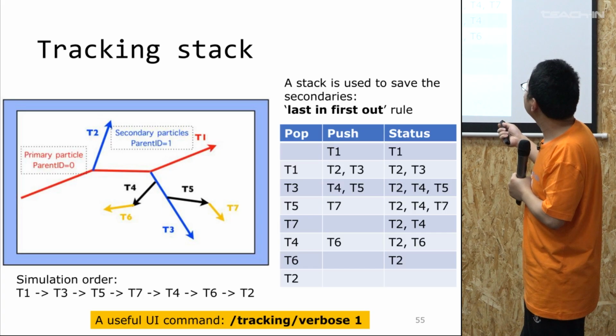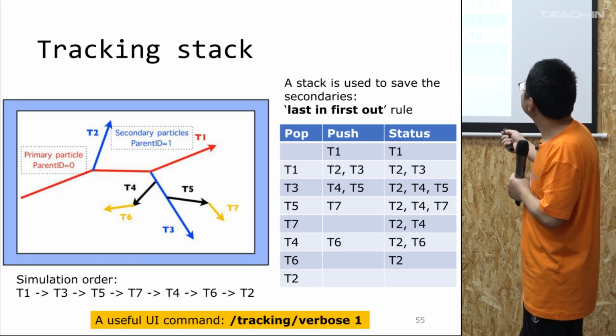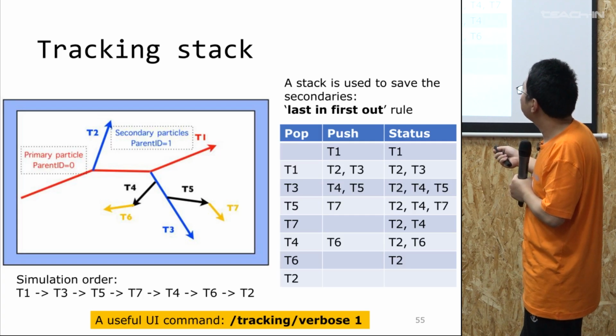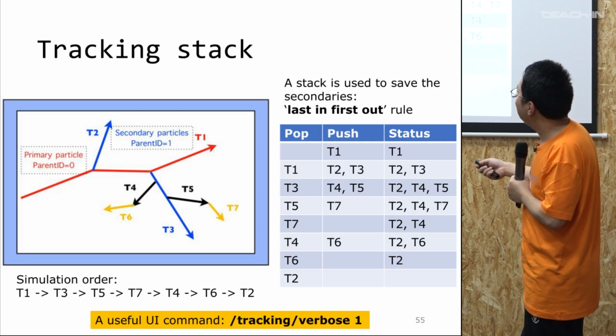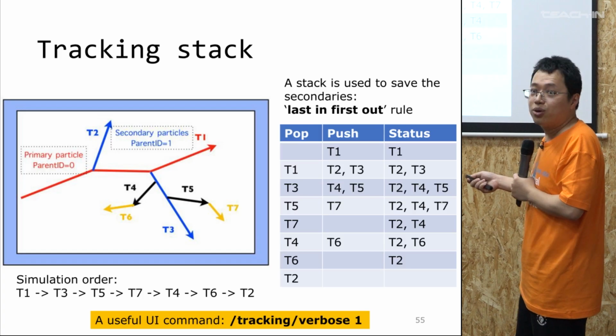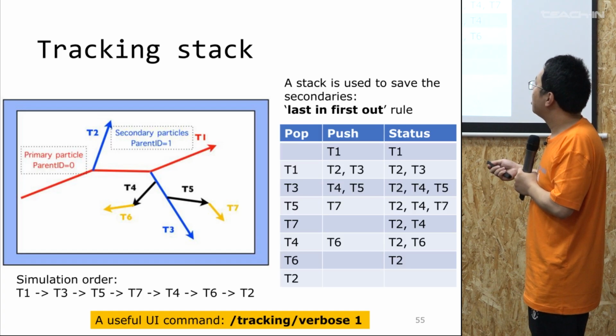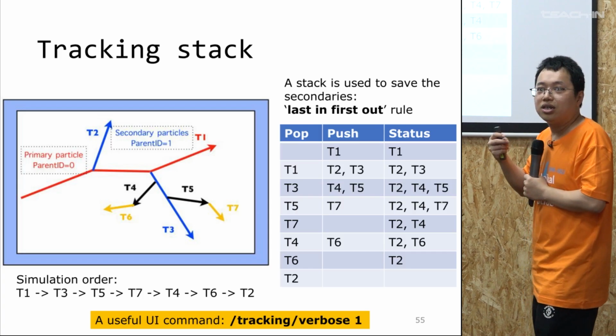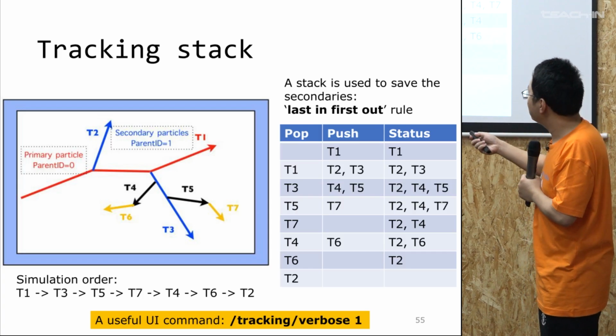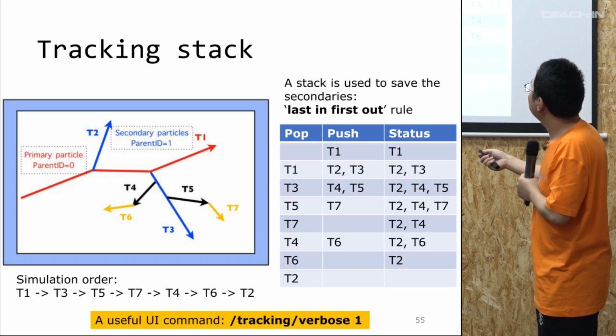Because there is only T1 in this stack, T1 will be popped. So you can see P1 is here, and then Geant4 will do the simulation. And during the simulation, you can see it creates two secondaries, T2 and T3.